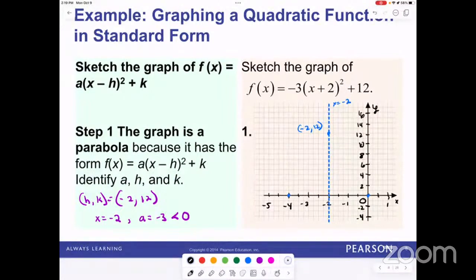Let's see what happens when x is negative 1. When x is negative 1, negative 1 plus 2 is 1, squared is 1, times negative 3 is negative 3, plus 12 is 9. So when x is negative 1, the corresponding y is 9. That's right there. So when we go to the right by 1, the corresponding y value is 9. So when we go to the left by 1, we should also be at 9.